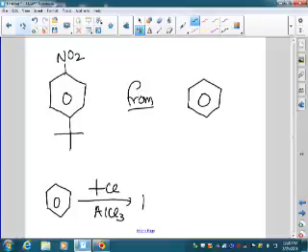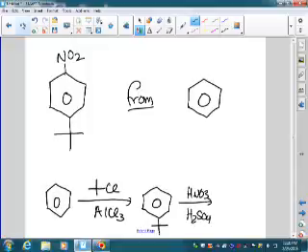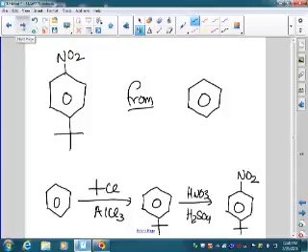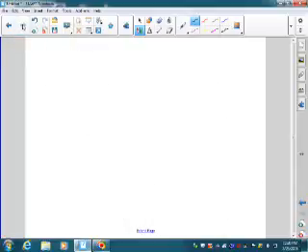Put the T-butyl on, and then the nitro. No mechanisms here, please. There's not enough room on the paper for all that. Just the reagents. Okay, so that's a two-stepper, and then the last one is quite long.